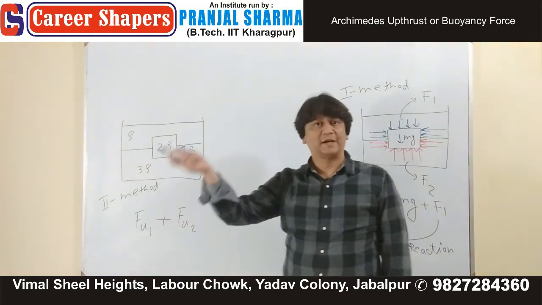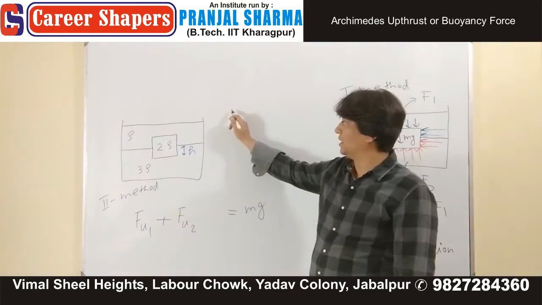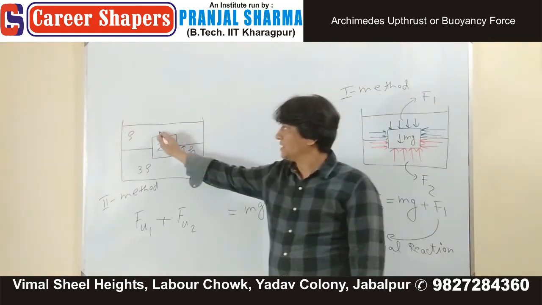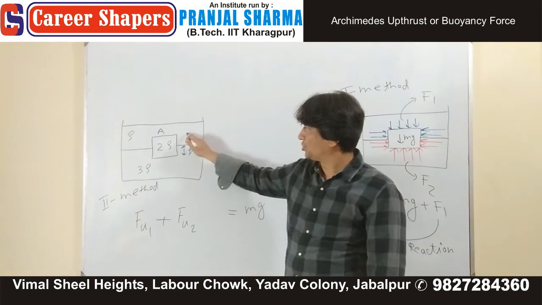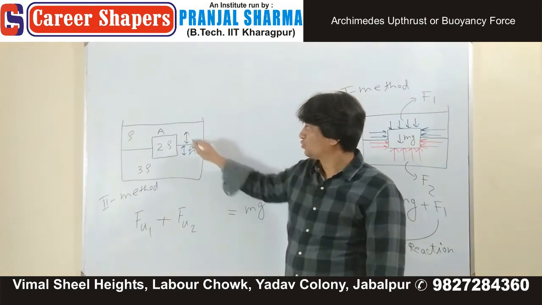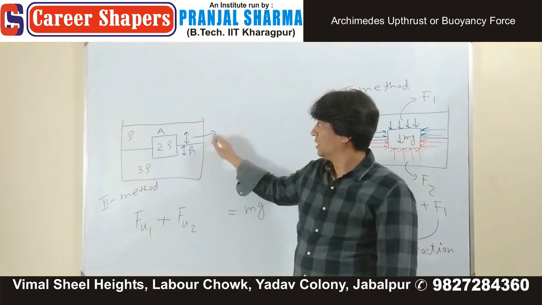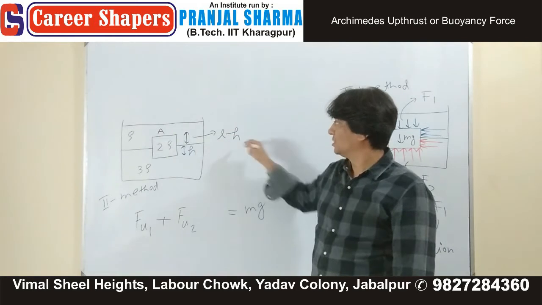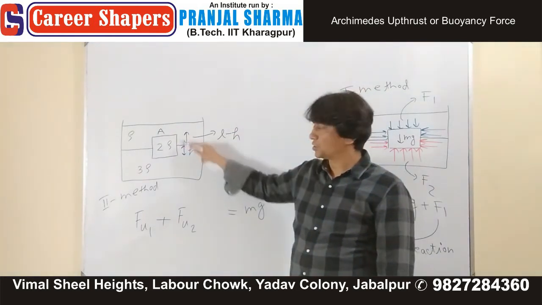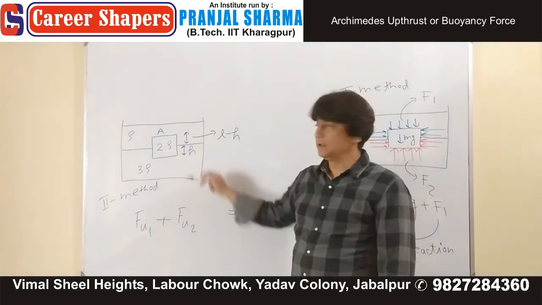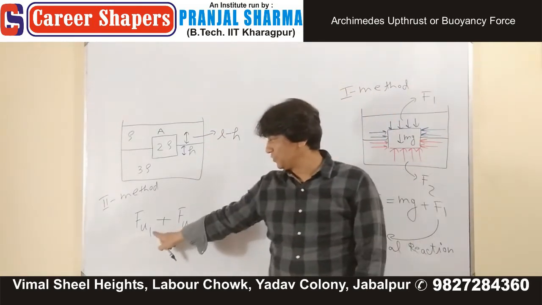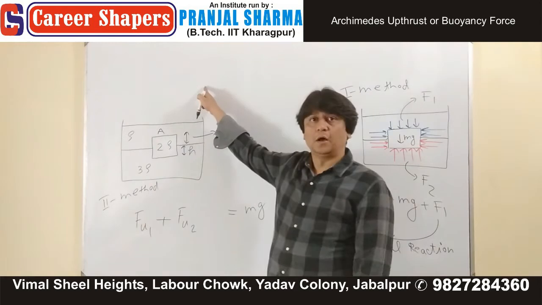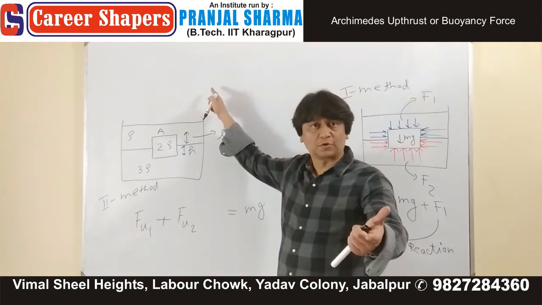Volume of object submerged inside the liquid. Base area is A. This is H. This will be what? L minus H. It's a cube. Height is what? L. This is H. Remaining is what? L minus H. What is Fu1? What is upthrust force?